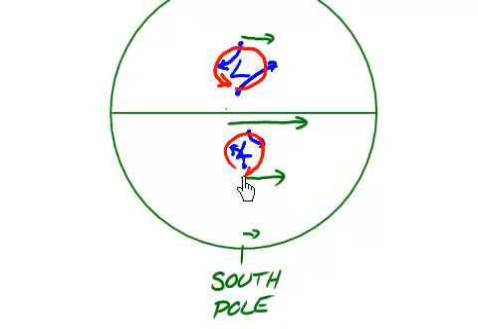This is an air circulation now going clockwise around that low pressure. So in these low pressure systems, cyclones, hurricanes, typhoons, whatever word you want to use, the circulation is counterclockwise in the northern hemisphere, clockwise in the southern hemisphere.